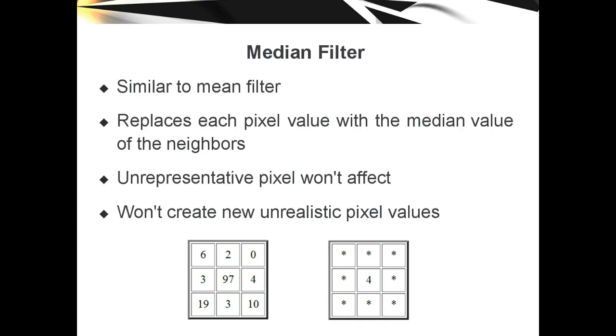It will just use the original pixels in the picture. For example, we have a 3 times 3 kernel again, and the median value of these pixels is 4, so we will replace all of the pixels in this 3 times 3 kernel with 4.